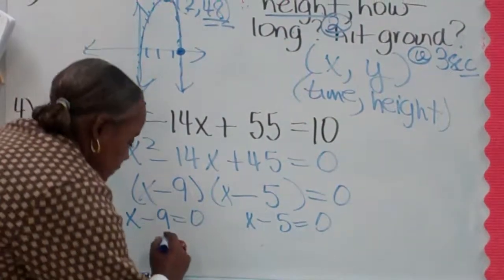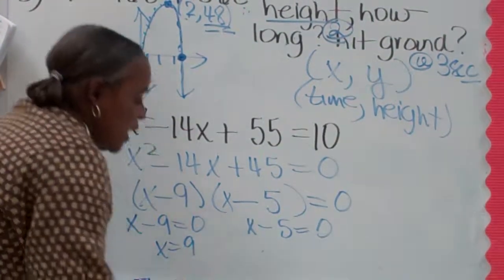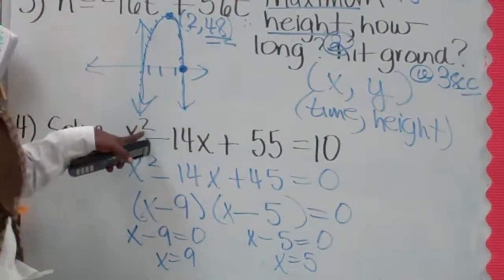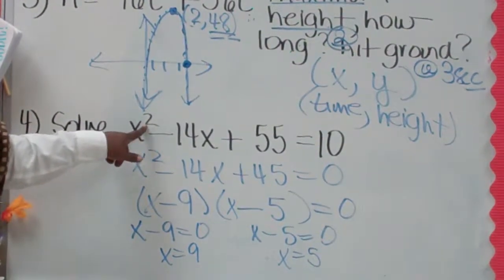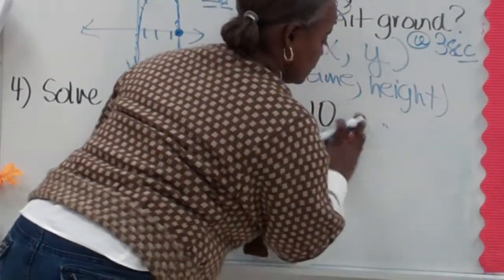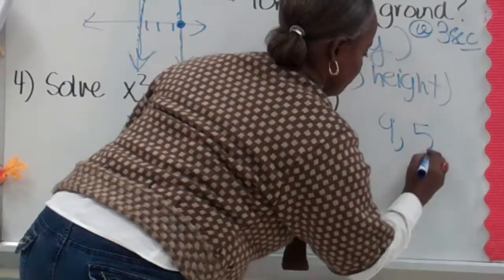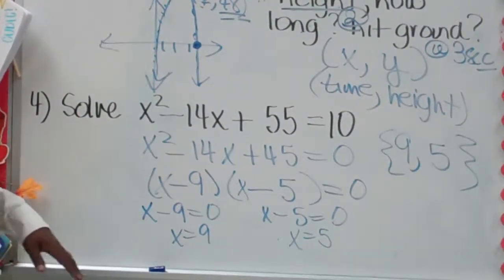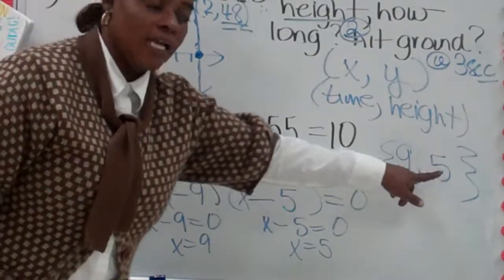Add 9, so I get x equals 9. Add 5, I get x equals 5. I knew I was looking for 2 answers because of this 2. My 2 answers are 9, 5, and I close them in brackets to represent 2 answers.